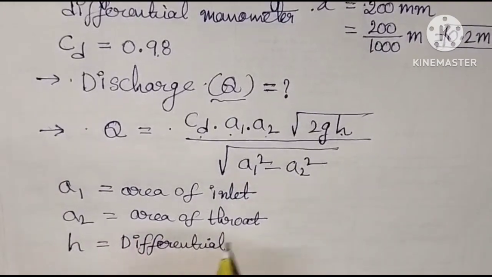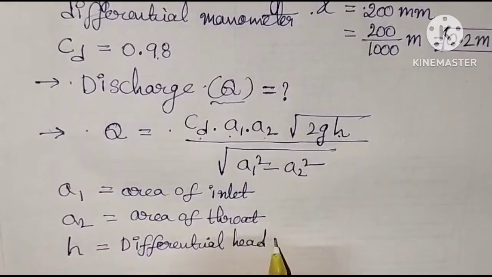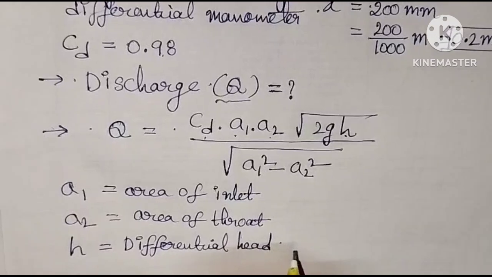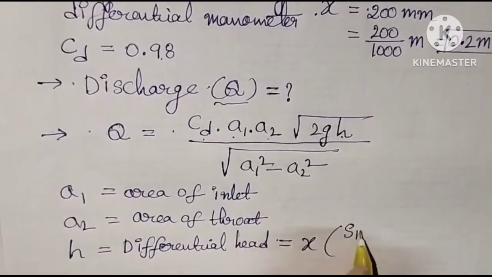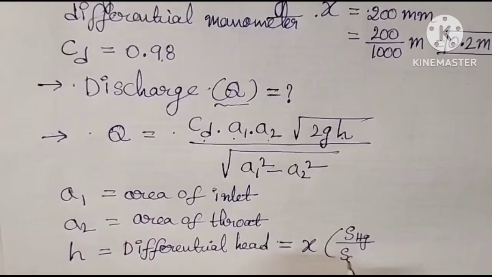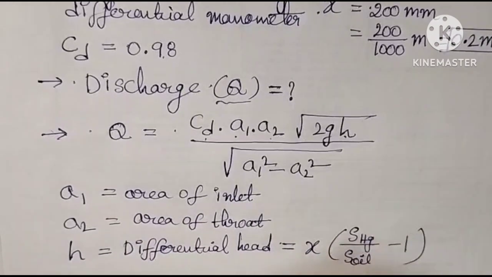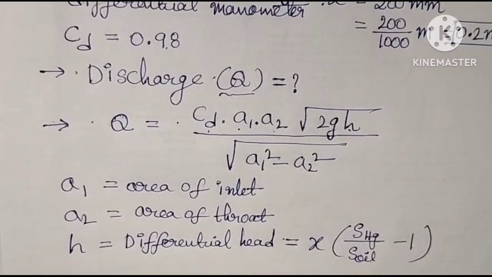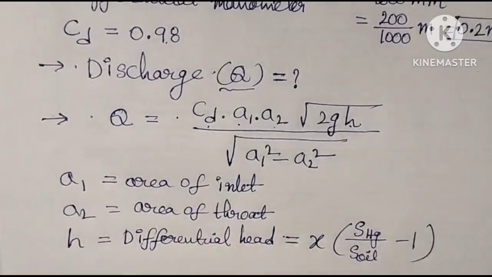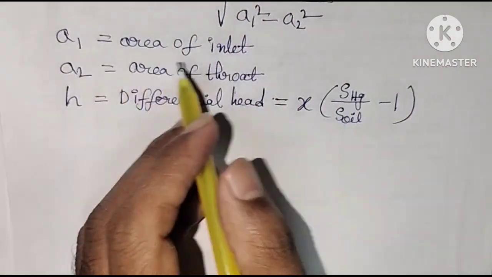Differential head is equal to x into (S_Hg by S_oil minus 1), that is, specific gravity of heavier liquid by lighter liquid minus 1. Let us find them one by one.